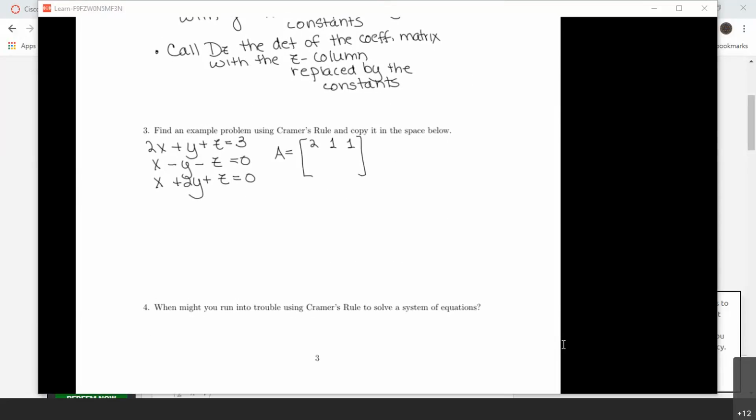Coefficients only. And then the last one. Is everybody comfortable with that as the coefficient matrix?